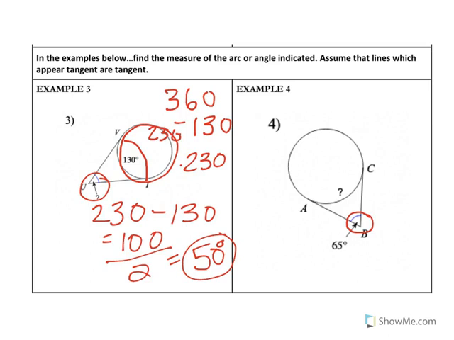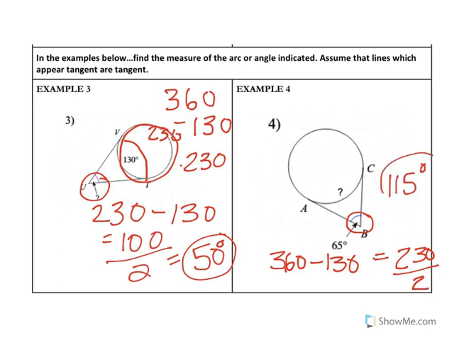So we want to take this 130 and we want to say that 360 minus 130 gives us 230. And then we need to take that 230 and divide it by 2 because we want to get to that original arc value. And that's going to give us 115 degrees.